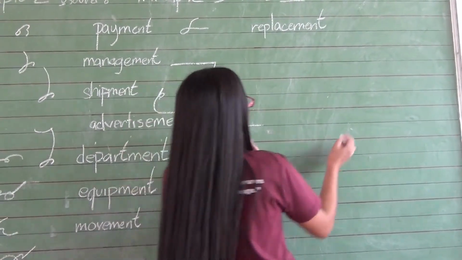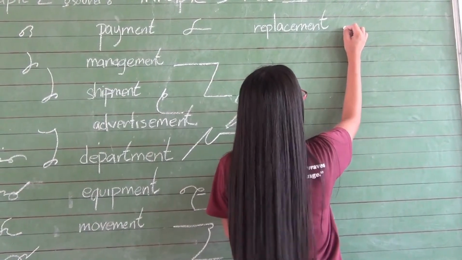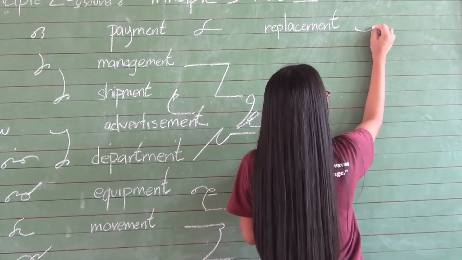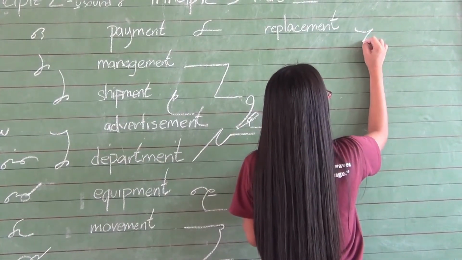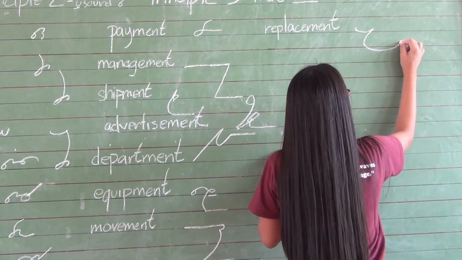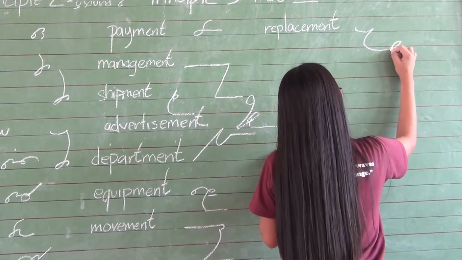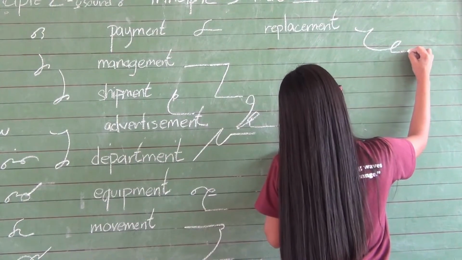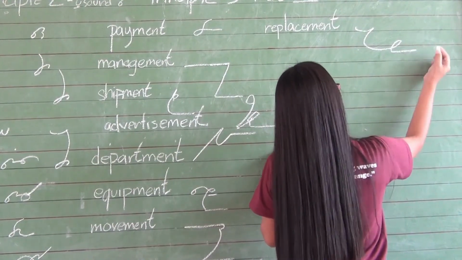It is represented by R, P, L, A stroke, left S, and M stroke.